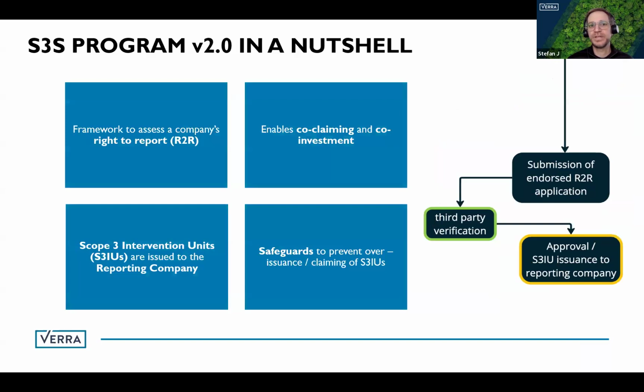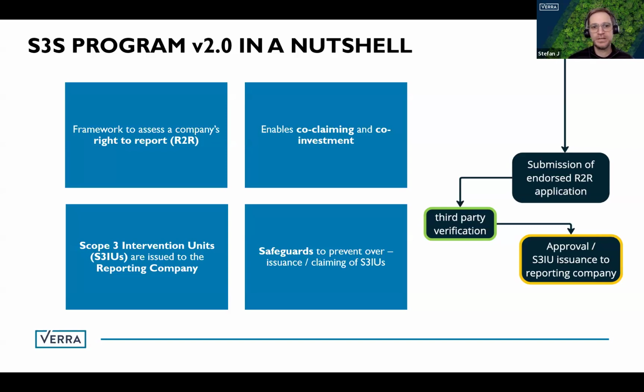Let's move to the next slide so we can talk about version 2. The second main component of the program would come a little bit later. This builds on version 1, so it includes everything in version 1, but in addition, it establishes the right to report, a framework to assess a company's right to report.